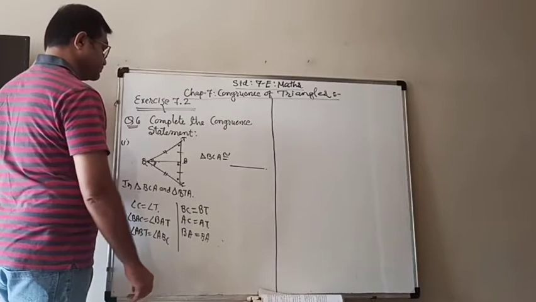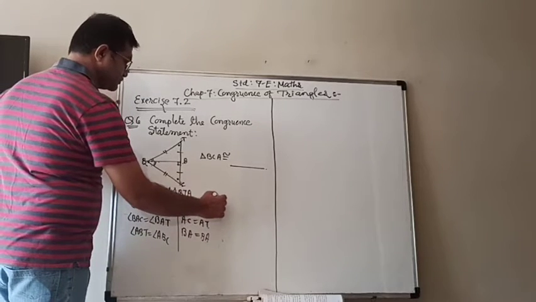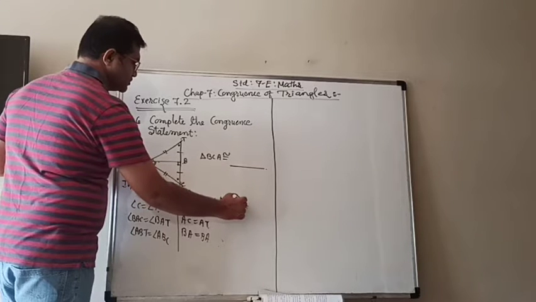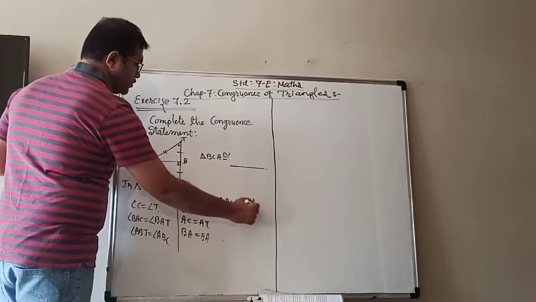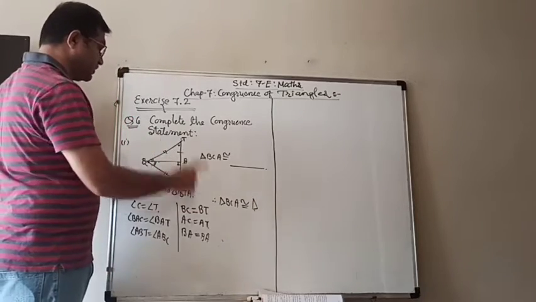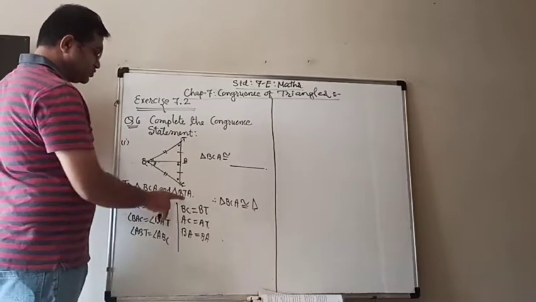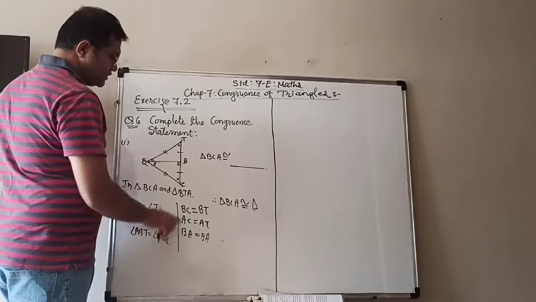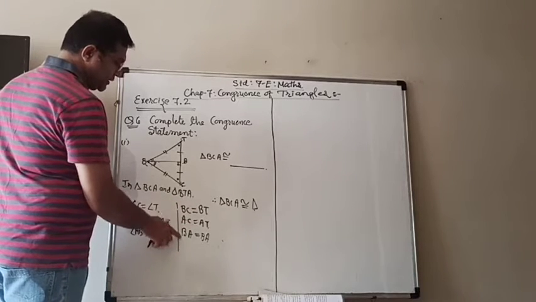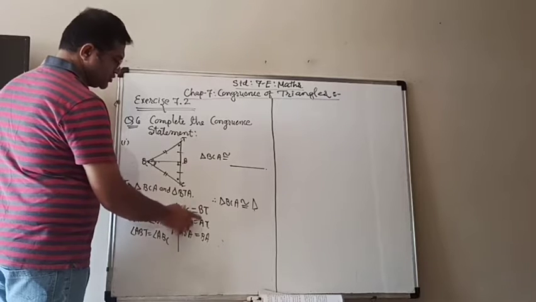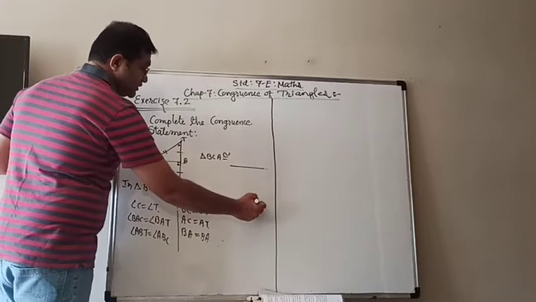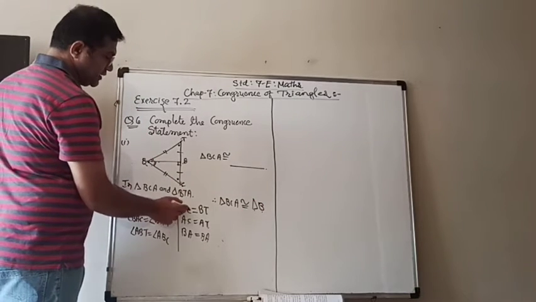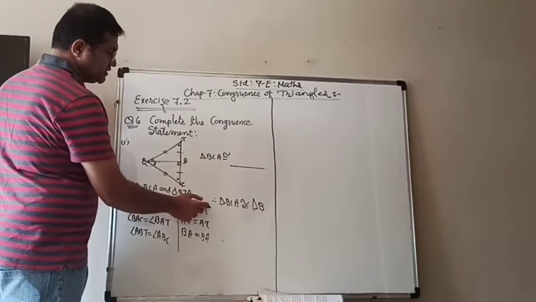Now, therefore, triangle BCA is congruent to triangle. Now we have to check. As I told you, when two sides are like that, we check here. B and B are here, so here also B and B. So B will come with B. Now C and C are here, and T and T are here.